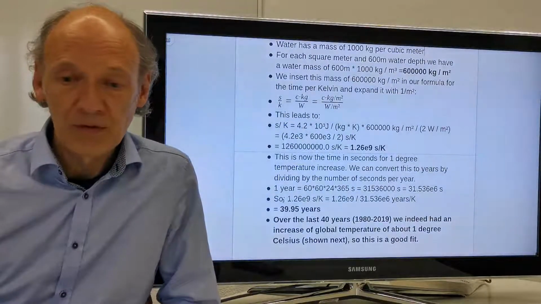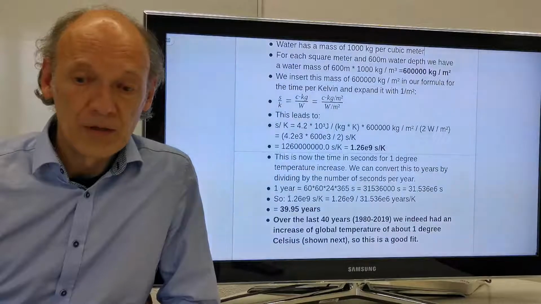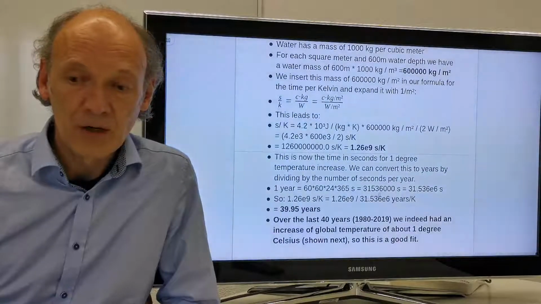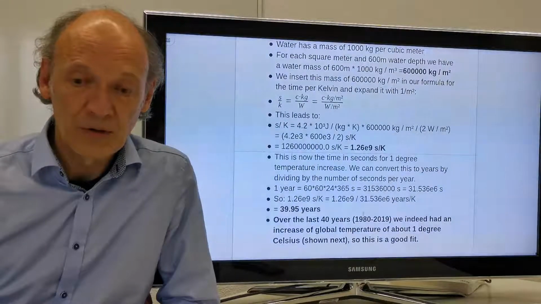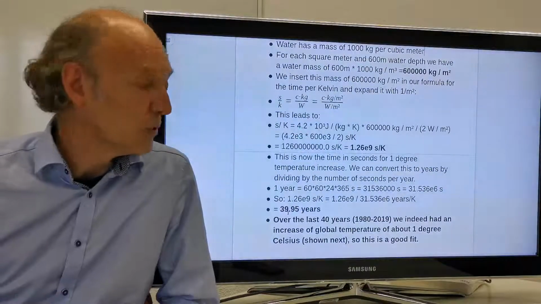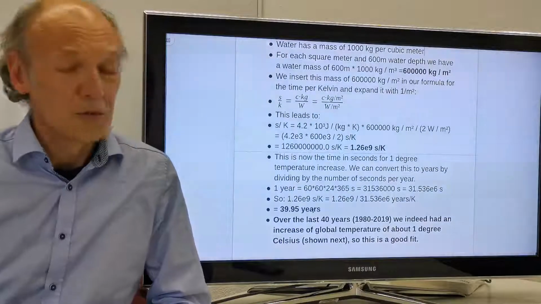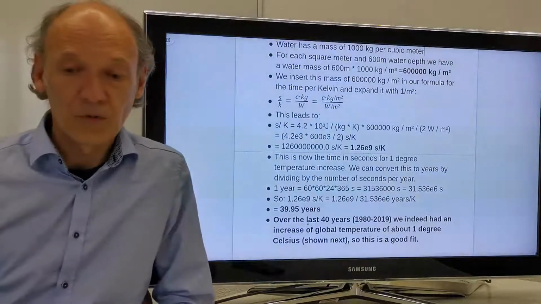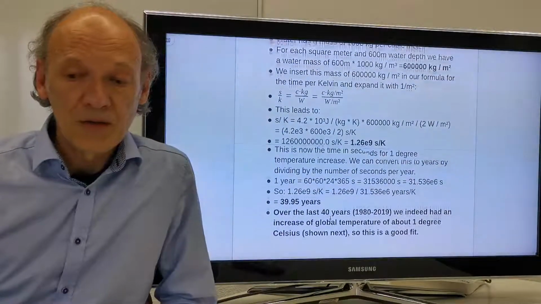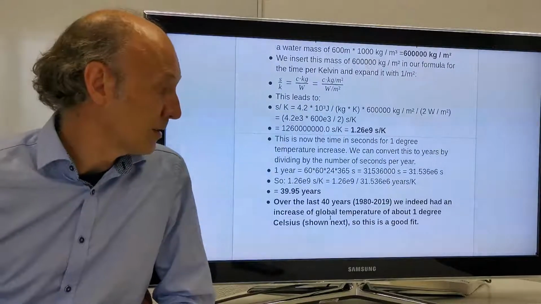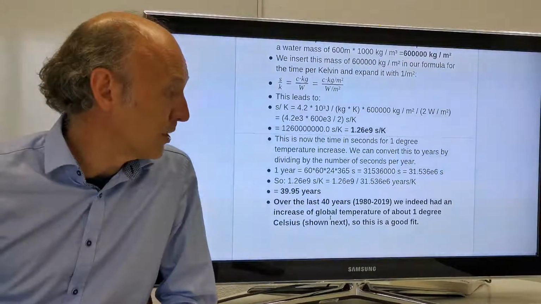So now we just take our result and divide it by 31 million to get the time in years. And the result here is 39.95 years. So we round it up to 40. So that means over the last 40 years, we would expect a heating by about 1 degree.